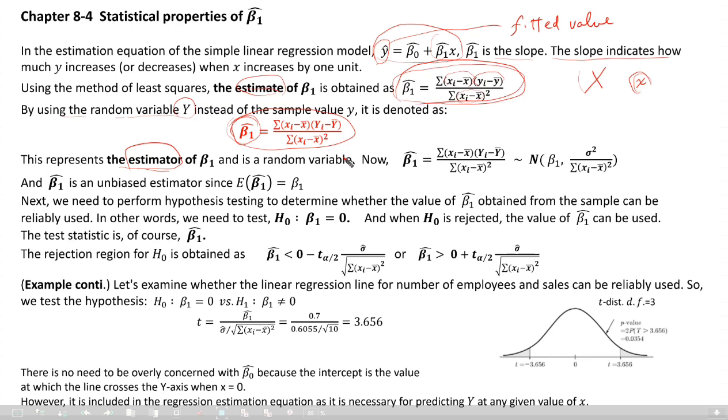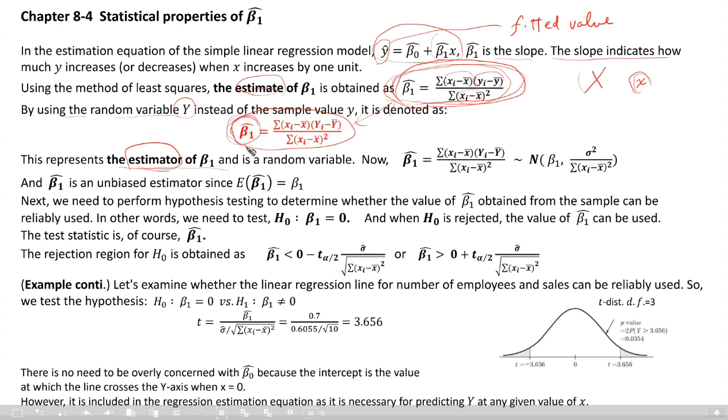I didn't find any statistics textbook distinguishing these two notations. They just write beta 1 hat like this. I think this is a very distinct thing in my lecture. Anyway, okay.